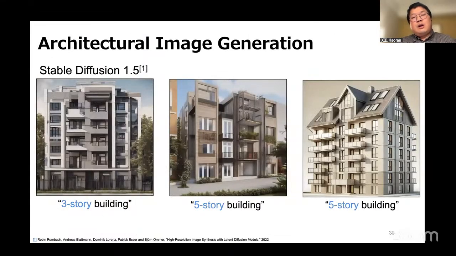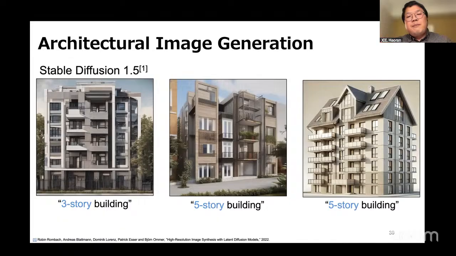Here are some examples of image generation for architecture design. For example, the input is a three-story building, but you can see that from Stable Diffusion or other models, the results are totally different. This result is maybe a fifth or sixth story building.